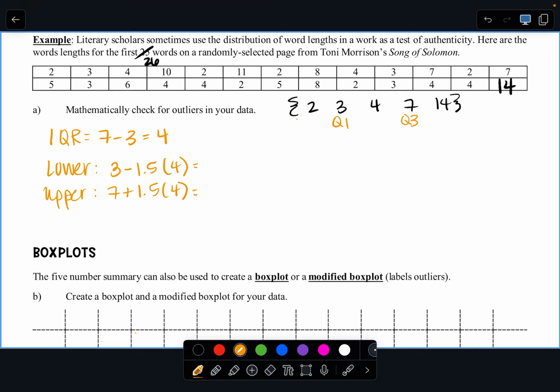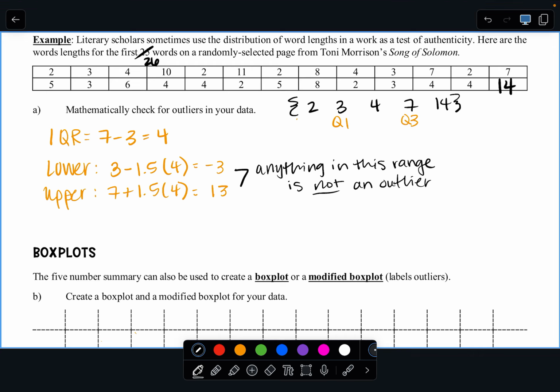And then I get two numbers. I get -3 and I get +13. So what that means is anything in this range is not an outlier.